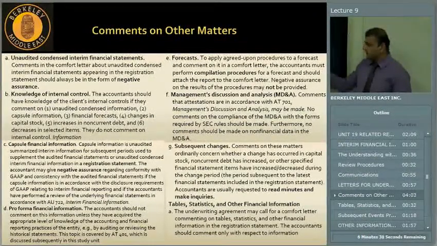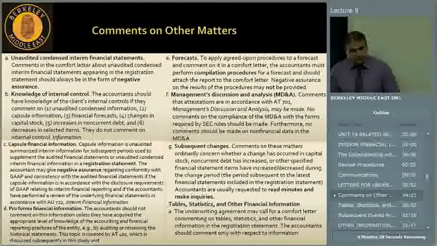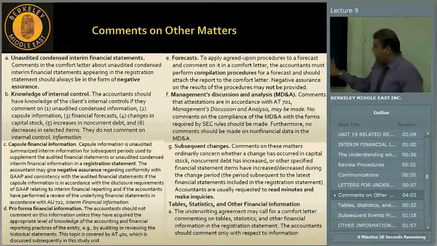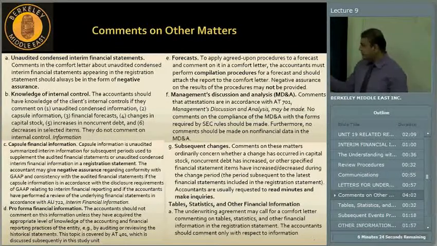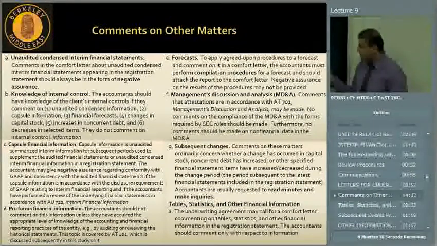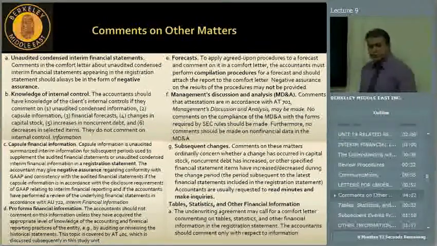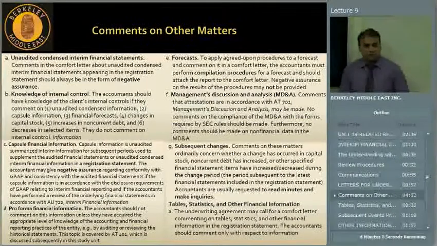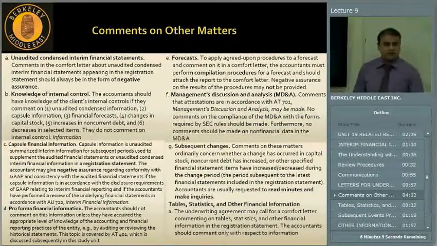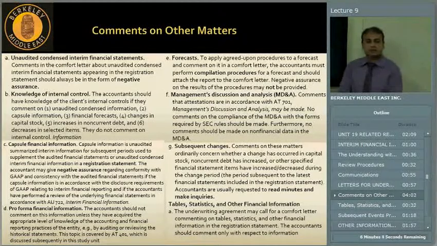For management discussion and analysis, shortly called MD&A, you have to see that the management discussion and analysis may be made. No comments on the compliance with the form required by SEC should be made. Furthermore, no comment should be made on non-financial data in the MD&A.